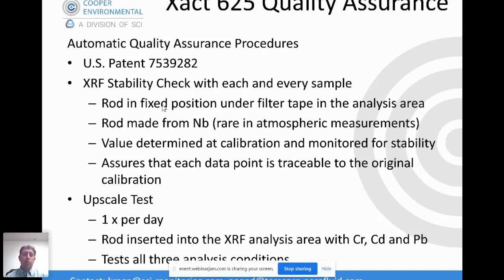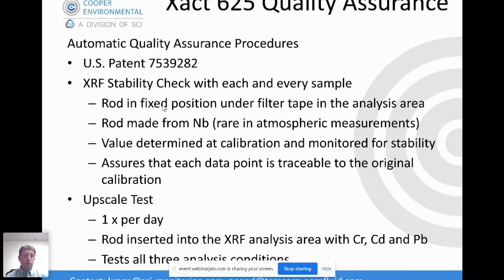The value for that rod is determined at the time of calibration, and then with each and every sample, we monitor that for stability. What that does is it ensures that at each data point, the concentration reported by the instrument is traceable back to the original calibration that was done on the instrument.